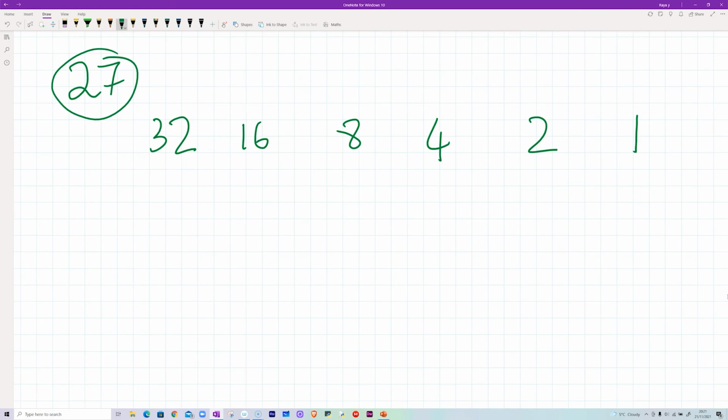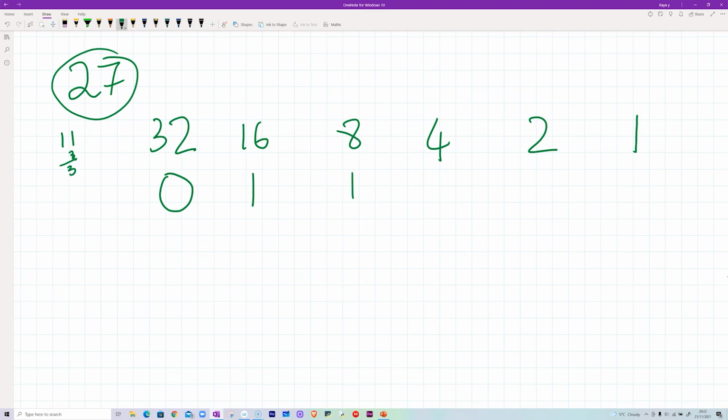How many 32s can you fit in 27? 0. How many 16s can you fit in 27? Well, you can only fit 1. So now we're going to do 27 take away 16. So that's going to be 11. Now you're going to ask yourself, how many 8s can you fit into 11? Well, there is 1. And if you use 8, you're going to be left with 3.